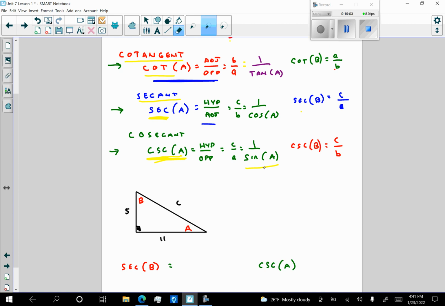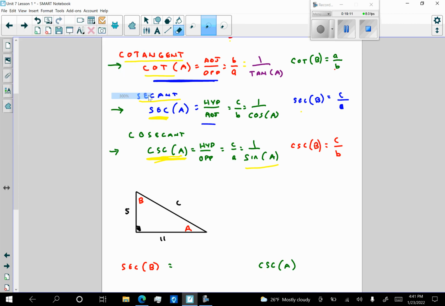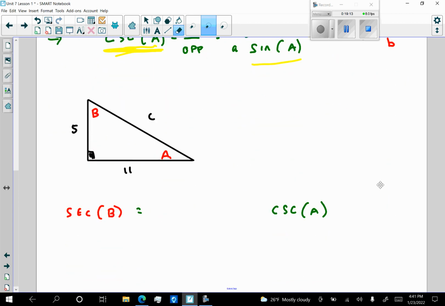The first thing I'm going to do is first and foremost use the Pythagorean theorem and know that c squared is going to be 5 squared plus 11 squared.